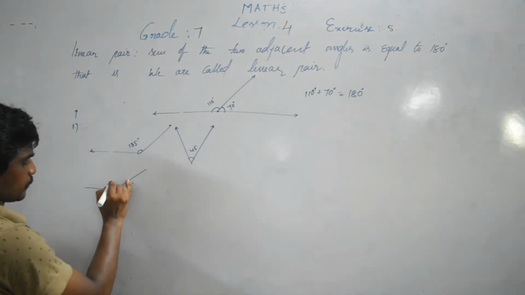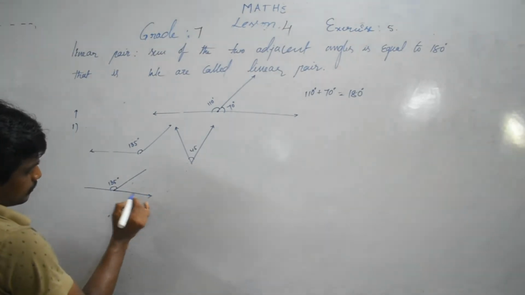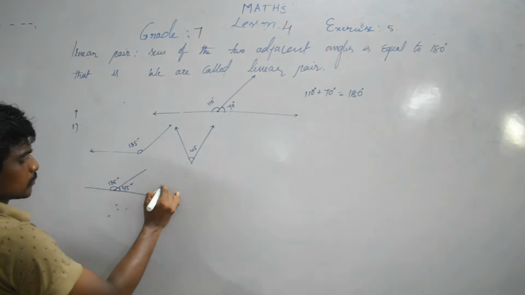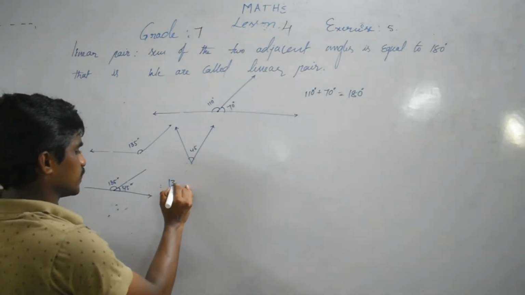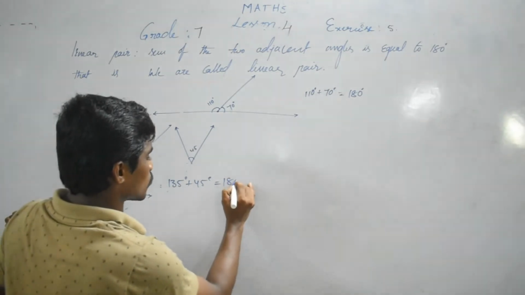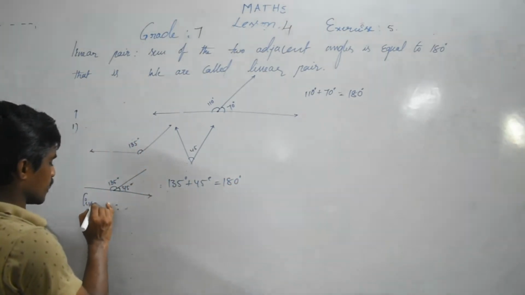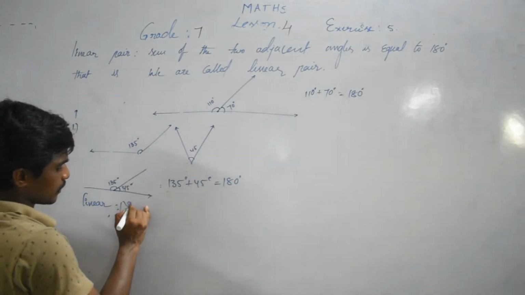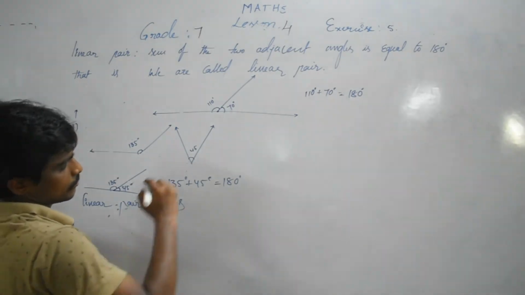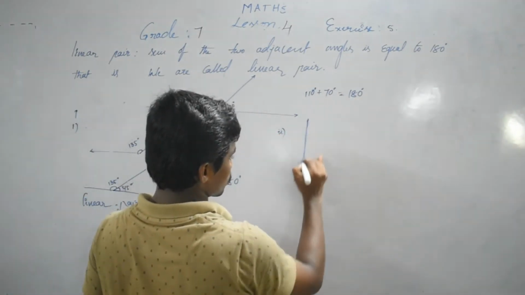Now 135, arrange this one like 45. So 135 plus 45 is equal to 180 degrees. This is a linear pair angle. Next one, 90 degrees.